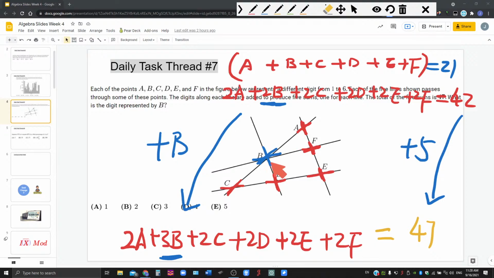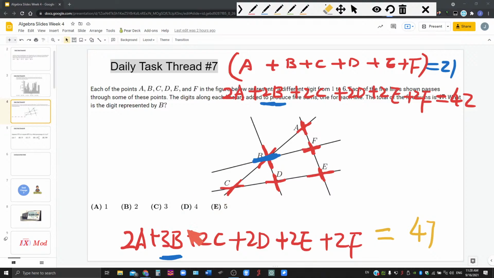And if we add all of them twice, that's going to give us 42. But now we are counting the B a third time, and then we get 47. So the third time when you count the B, it increased by 5. Therefore, B is 5. We still don't know about A, C, D, E, F. But that's okay. We only need the B. And by using the relationship, we can find out the B. So we solved the problem.